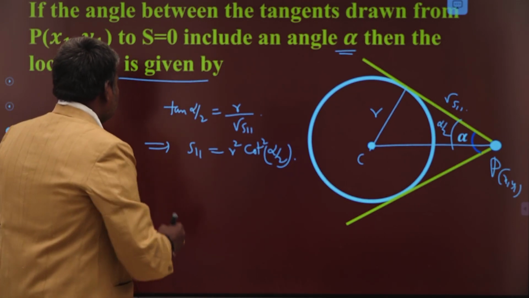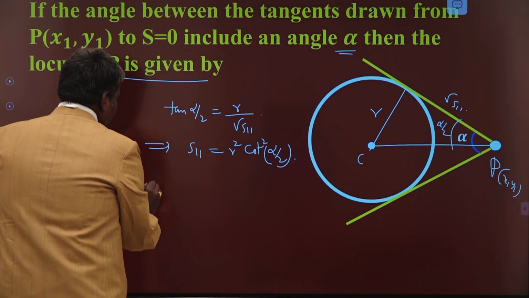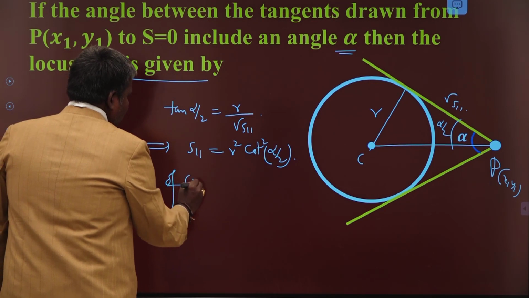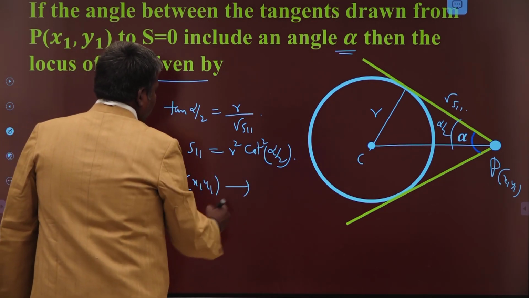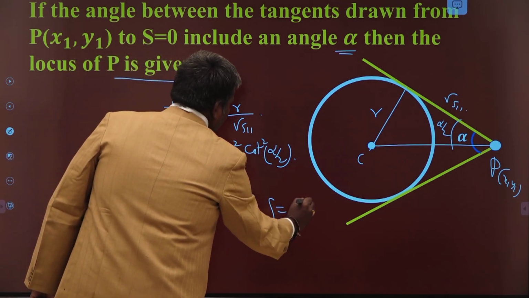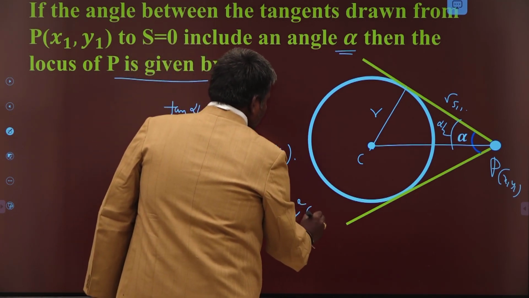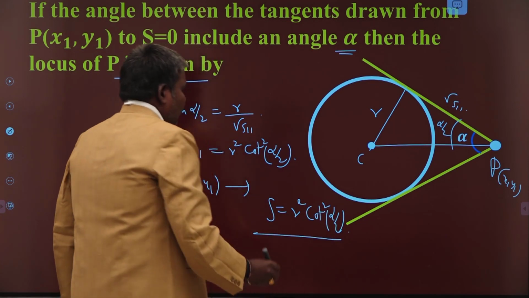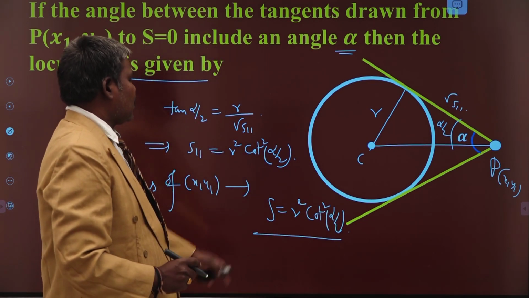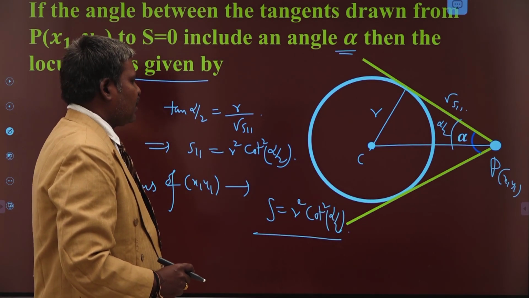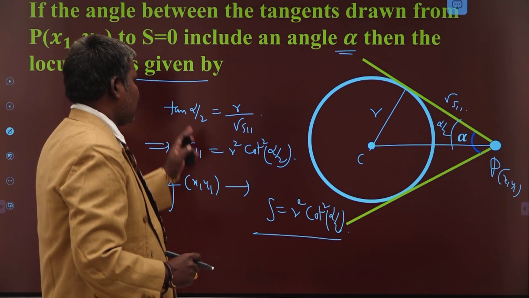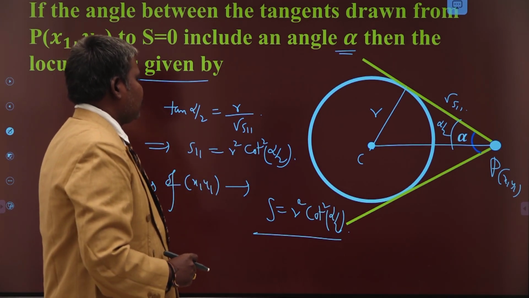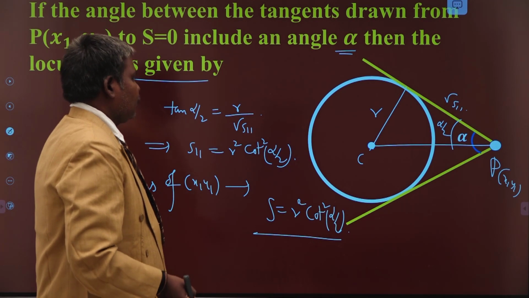By writing the locus of x1 y1, S is equal to r square cot square alpha by 2 is the locus of point of intersection of tangents to the circle S equal to 0 whose angle between them is alpha.